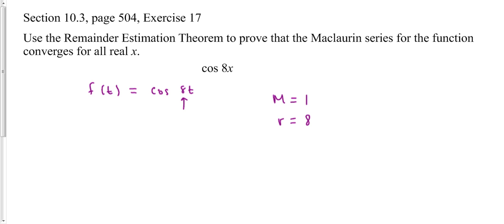So my r is going to be equal to 8. And again, I'm going to be taking the n plus first derivative of cosine 8t, and I'm going to take the absolute value of that. That is going to be less than or equal to M, which is 1, times 8 to the n plus 1.